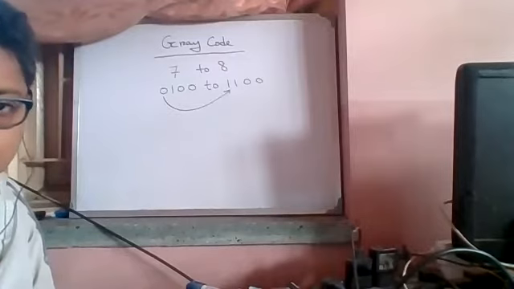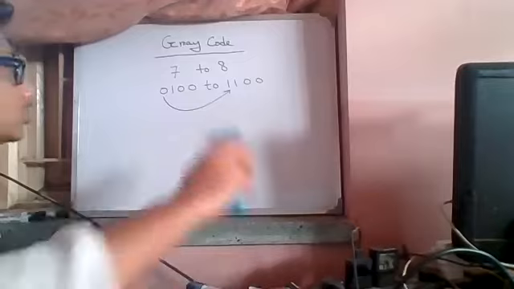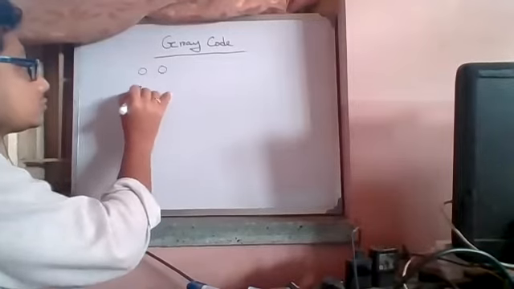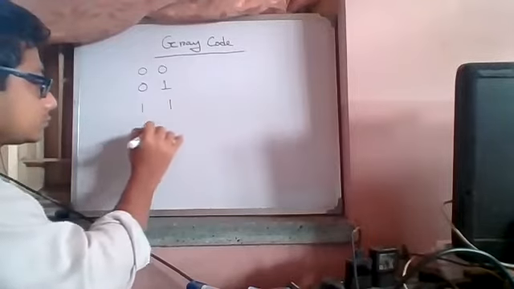I'm showing you how we are getting it. Suppose we have the 2-bit Gray codes. We know what 2-bit Gray codes are, whatever we use in the Karnaugh map. So this is your 2-bit Gray code, 0 0.